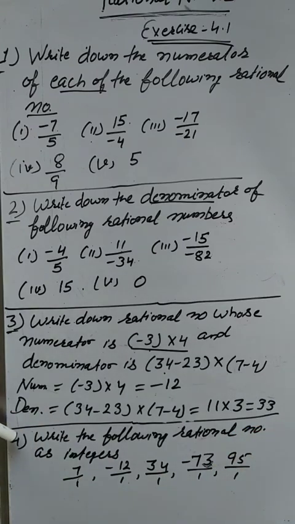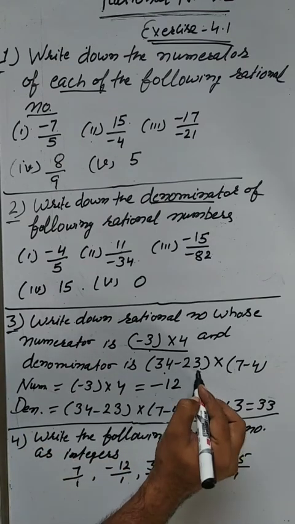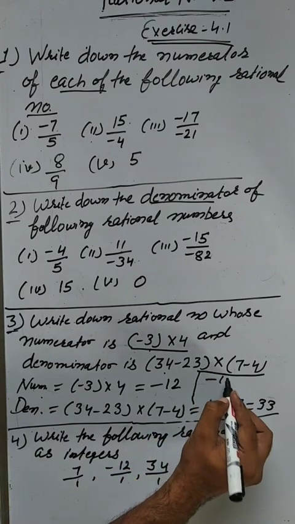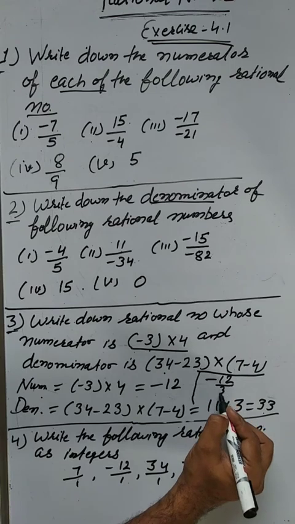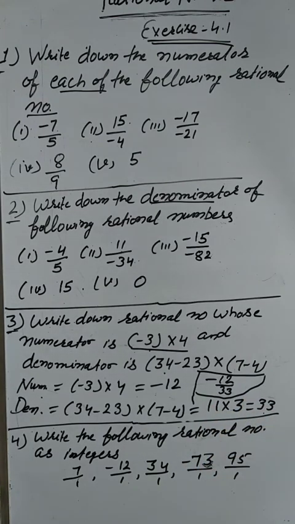Okay beta, clear? So what will be the rational number? Now numerator I have minus 12 and denominator I have 33, minus 12 upon 33. Understood beta? Clear? So this is your rational number.